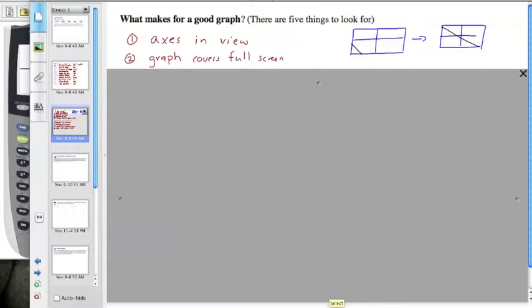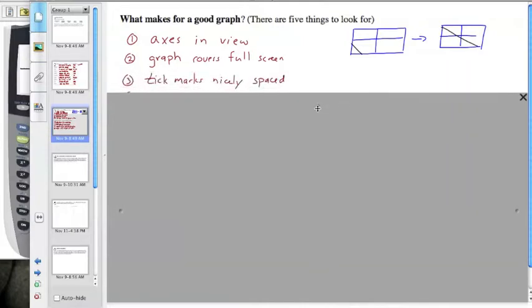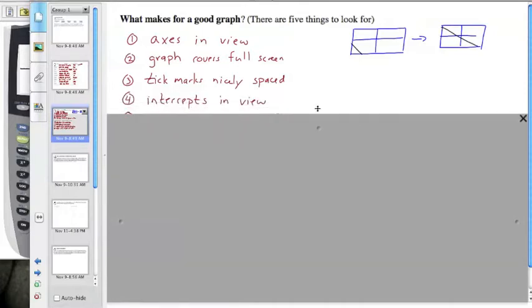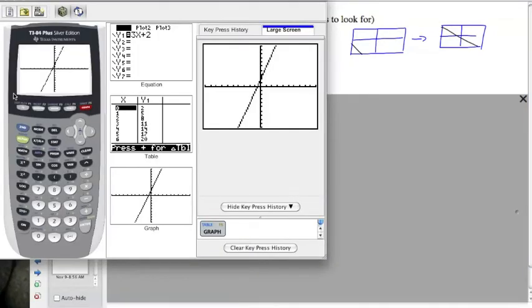The next thing we want to make sure is that the tick marks on our axes are nicely spaced. If we go back to our graph here, you notice the tick marks are really nicely spaced. They don't look all jaggedy.